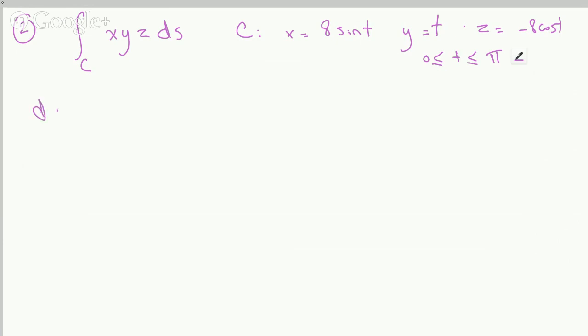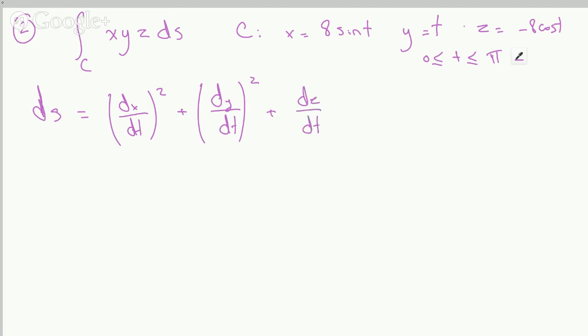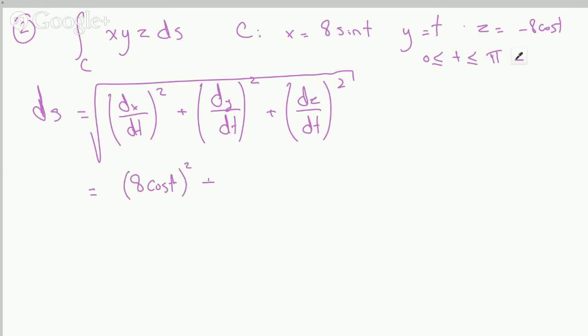ds is the length of the arc, which is represented by the x, y, and z given. So it will be dx over dt squared plus dy over dt squared plus dz over dt squared. And those are just the derivatives of the given curve C. So dx over dt is 8 cosine t, squared.